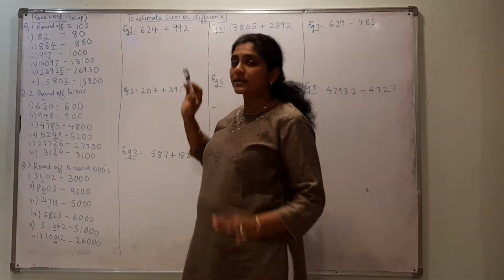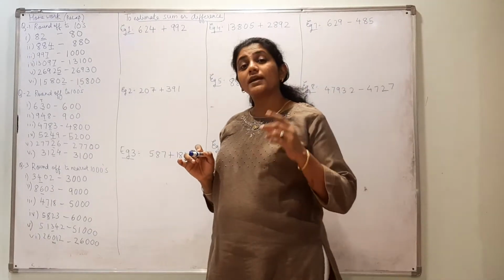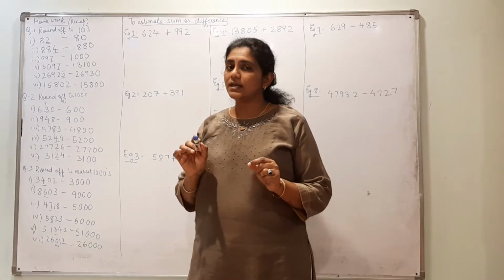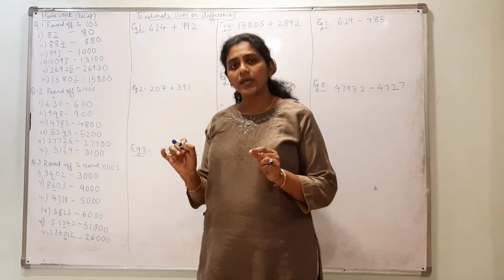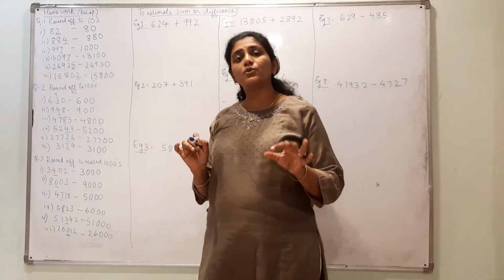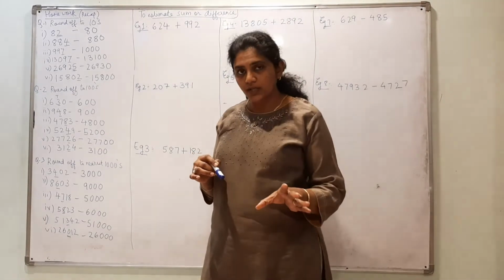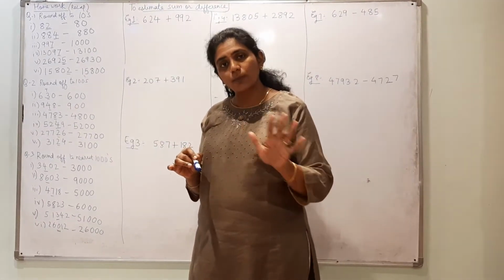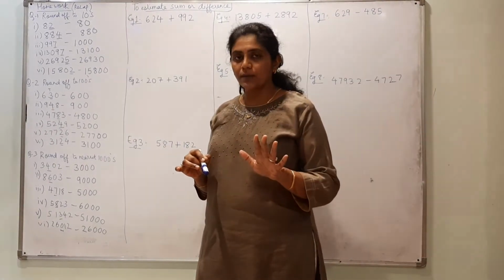These two are 3 digits, so the greatest place to which you can round it off is thousands. Okay, there is no rule that you should round it off by thousands only or tens only. If you round it off by tens, no problem. Round off by thousand, no problem.